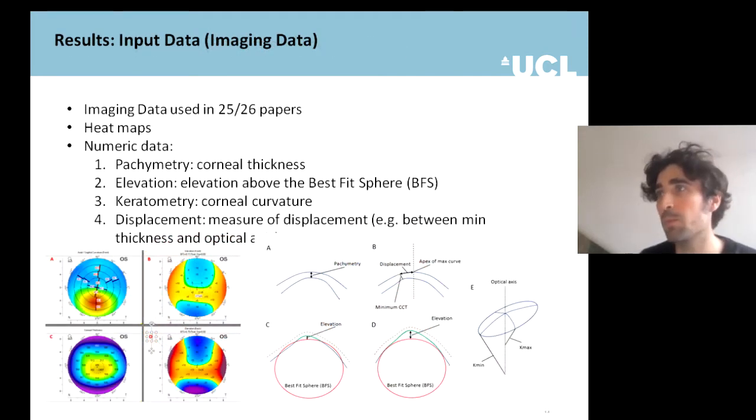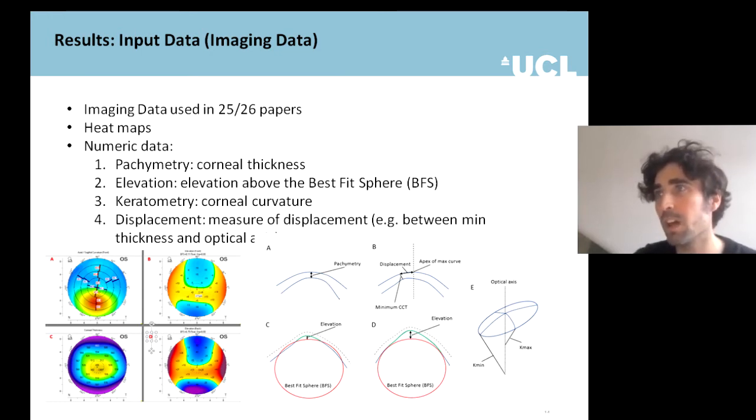The next form of data, the biggest class of data used for keratoconus detection, is imaging data. Pretty much all of the articles used imaging data. Now, imaging data can lead to 2 different subtypes. One is heat maps, such as in the bottom left. This is a heat map produced by the Pentacam, which is commonly used for analyzing keratoconus.